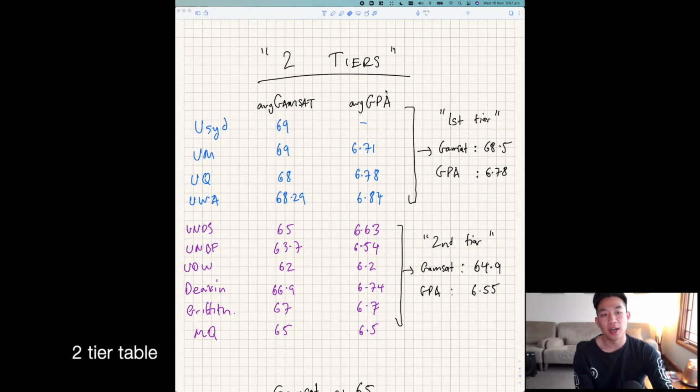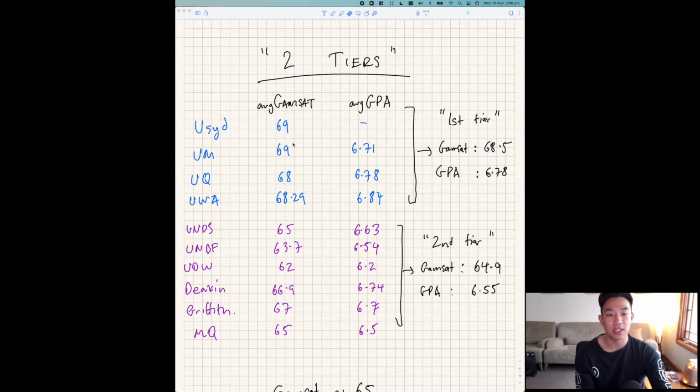So let's take a closer look at what a competitive score actually means. I've just reorganized that table from above into two tiers, and this is not based on the quality of medical schools, because I believe all the medical schools in Australia deliver very high quality education, but it's more based on the entry scores because there is a bit of a difference. If we look at the blue here, these are the first tier universities, so USyd, Uni of Melbourne, UQ and UWA.